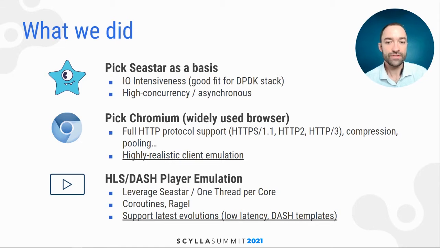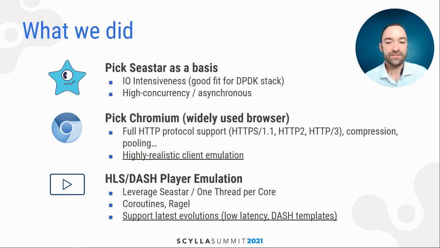The second thing that we use is Chromium, the widely used browser. From Chromium, we get full HTTP protocol support: HTTPS, 1.1, HTTP2, HTTP3, compression, connection pooling, and so on. This is really instrumental to our highly realistic client emulation. It means that we have a very compliant HTTP protocol implementation.